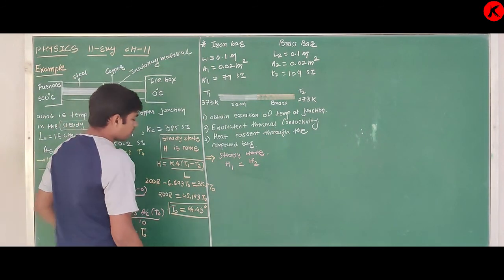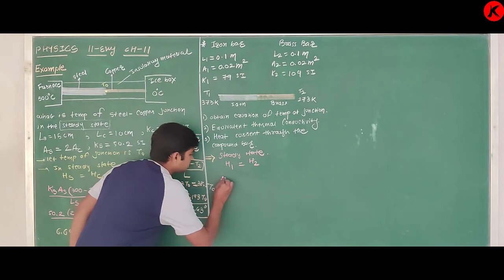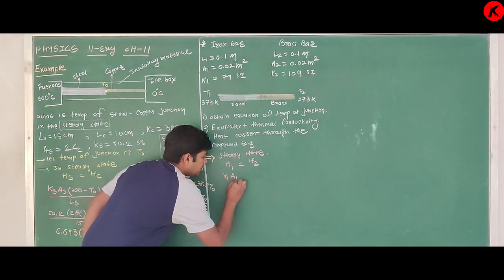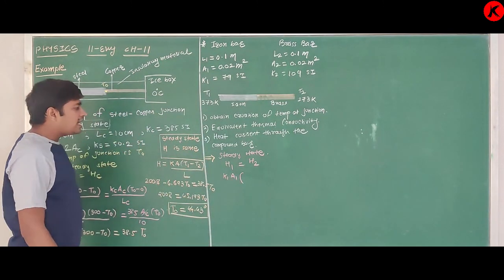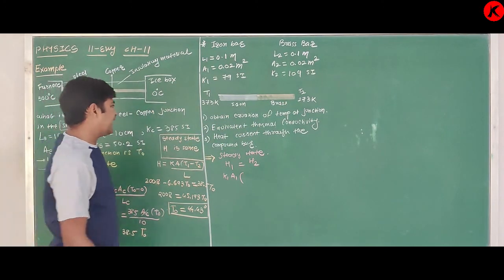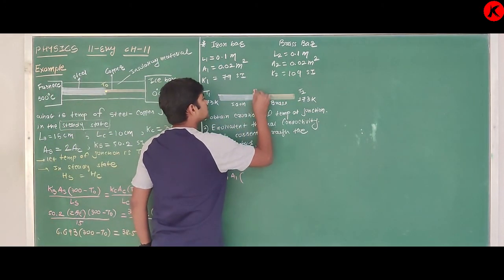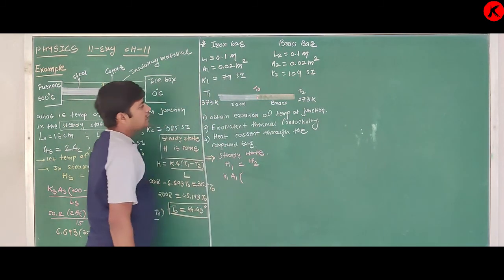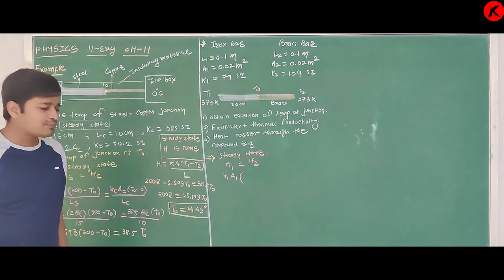Now what is the equation of H1? It is K1 A1. As we have to find the temperature at the junction, I am assuming that at this junction the temperature is T0.